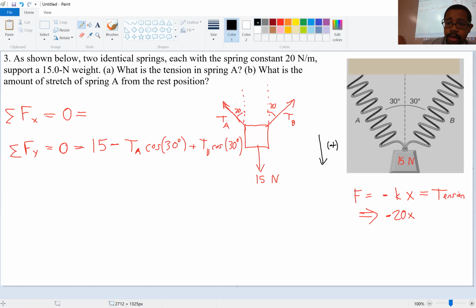We'll just say this direction is positive. It doesn't really matter. And so we've got TB sine of 30 minus TA sine of 30. Basically they cancel each other out and you get 0.